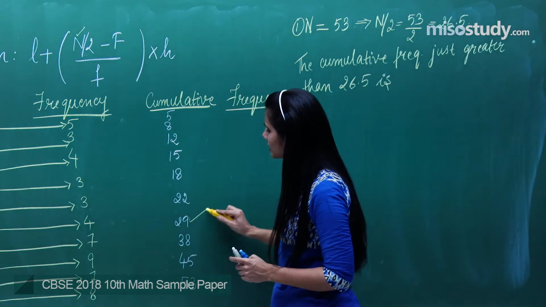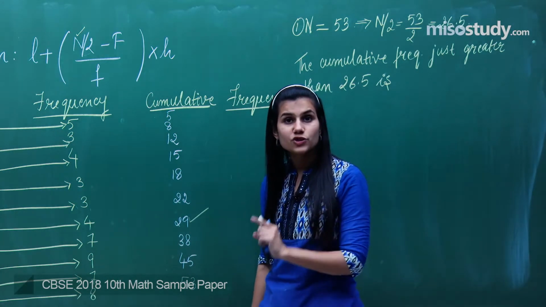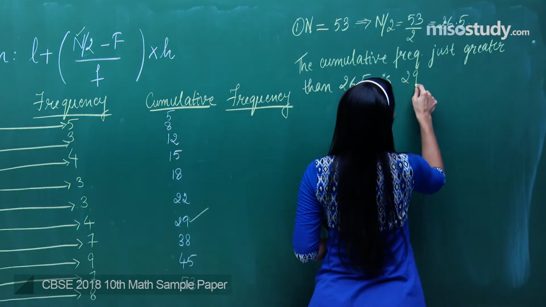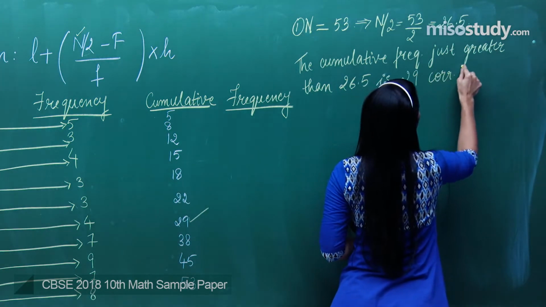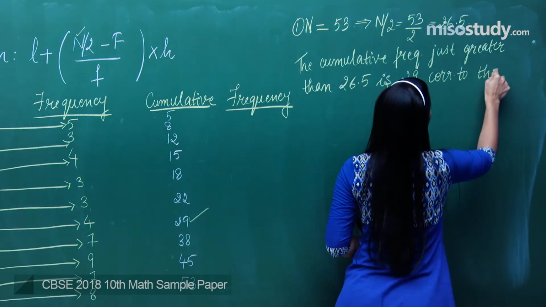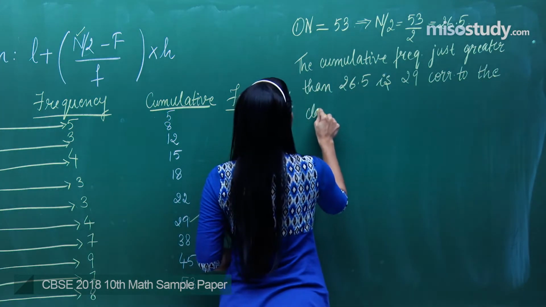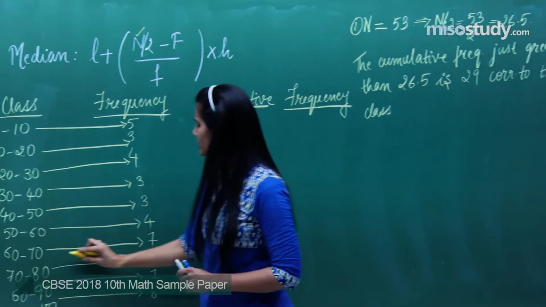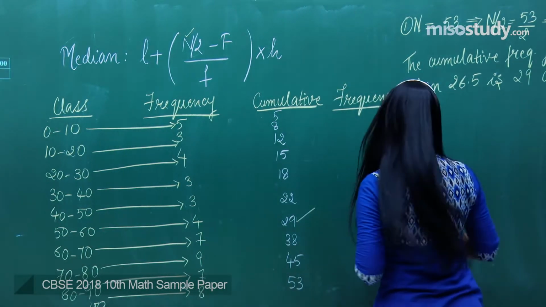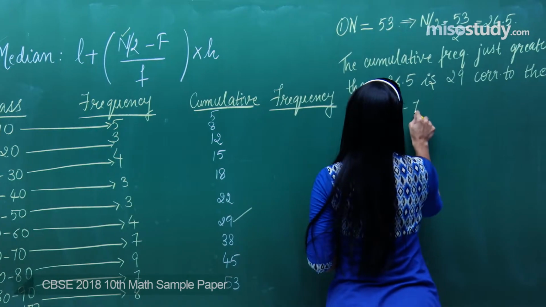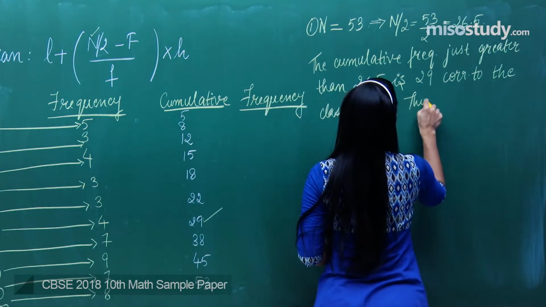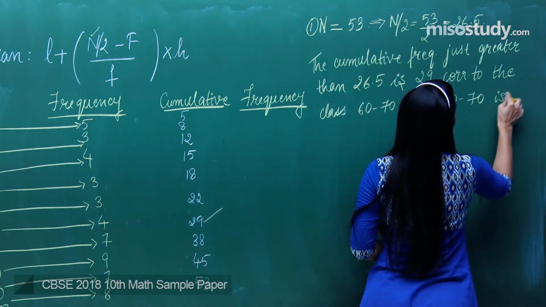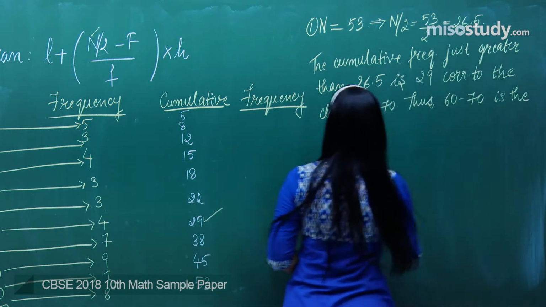Well, the one just greater than 26.5 is 29. So that is 29, which corresponds to the class 60 to 70. And thus, 60 to 70 is the median class.